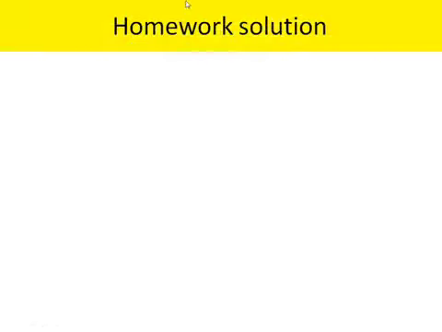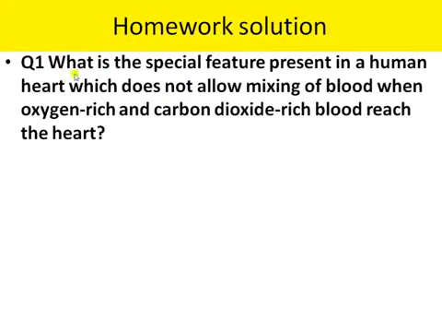Next is the homework solution of lecture number 2. The first question is, what is the special feature present in the human heart which doesn't allow mixing of blood when oxygen-rich and carbon dioxide-rich blood reach the heart?